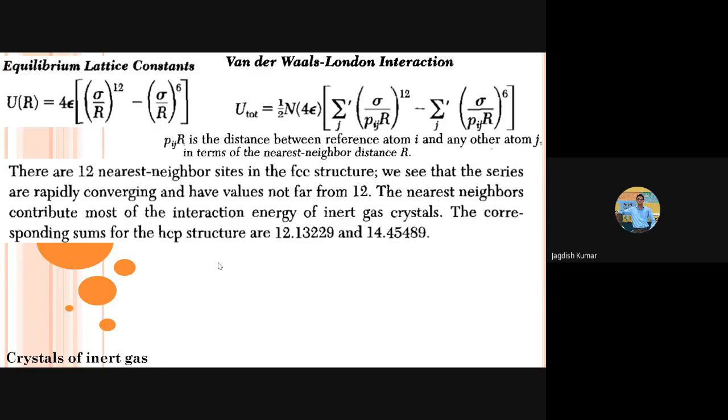Total potential energy U is equal to summation over I and summation over J, isn't it? It is like this. And let us say the two particle interaction potential is written by Uij. So total potential energy is summation over I, summation over J, Uij.